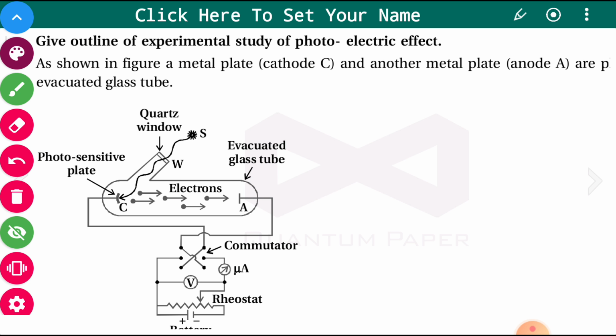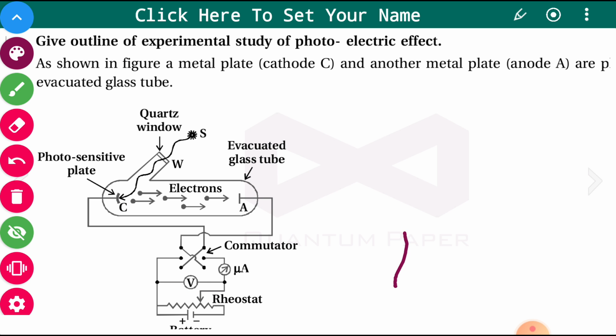There is a microammeter joined in this circuit which measures the electric current, and from that we can find out the number of electrons which are flowing in the circuit per second, and we can measure the potential difference between C and A with the help of a voltmeter.